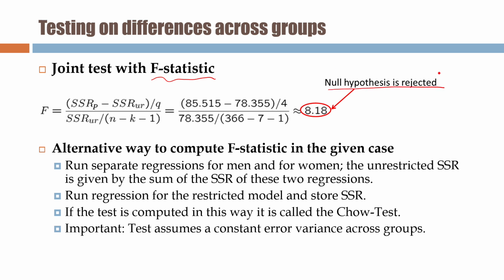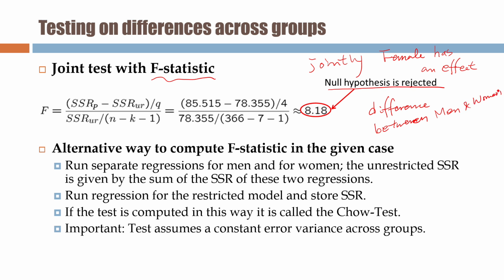And the null hypothesis is rejected, which means we can tell that altogether, jointly, female has an effect, which means there is a difference between man and woman.